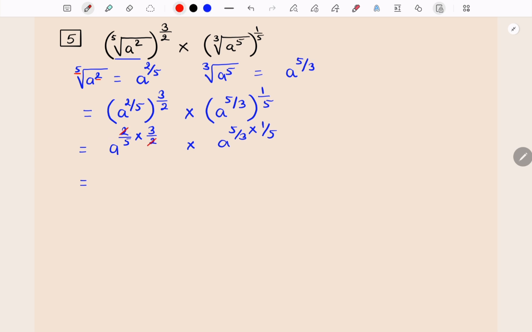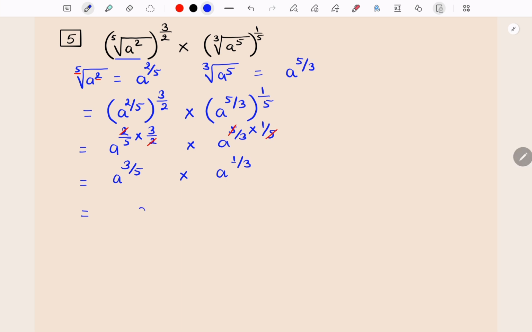2 and 2 will be cancelled out. It would leave us with a raised to the power of 3 over 5 multiplied by, here also we can cancel out 5, so we will have a raised to the power of 1 over 3. Now we have the base a and we are multiplying.